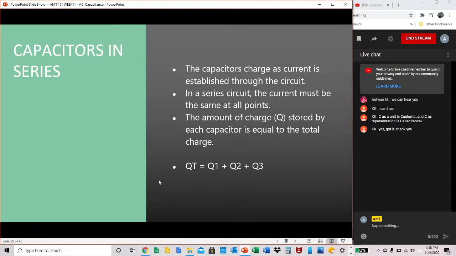The charge is equal to the sum of all the charges, which equals our total charge. So whatever charge you have at capacitor 1, capacitor 2, and capacitor 3, the sum of those charges is going to give you your total charge.